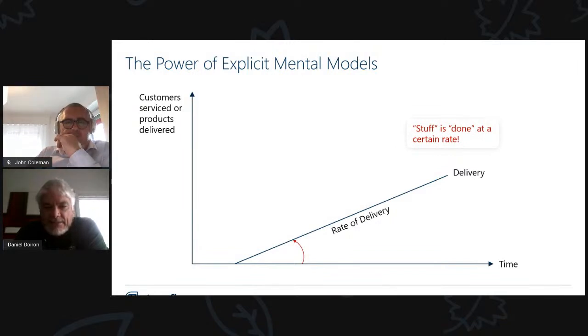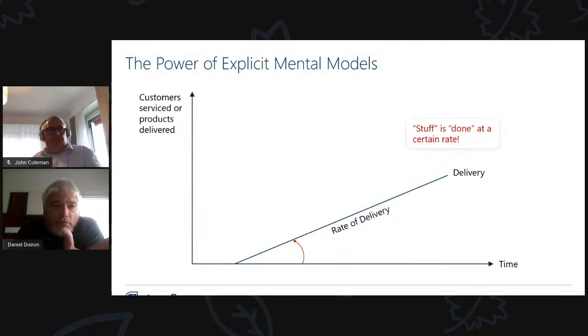The x-axis is time and the y-axis is customer service or product delivered. And we have a slope here, which is the rate of delivery. This is how much we deliver as time passes, and stuff is done at a certain rate. That's pretty easy to understand.